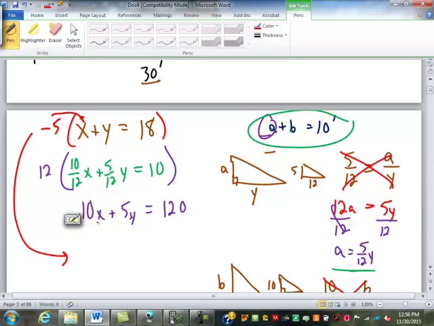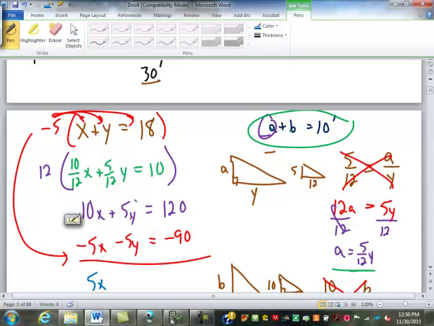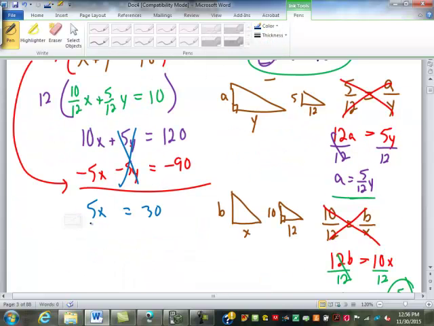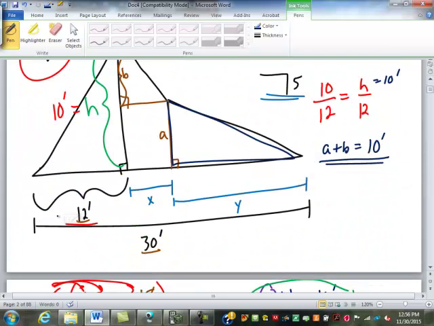So -5 times x is a -5x. -5 times y is a -5y equals -5 times 18 is a -90. 10x plus -5 is 5x. 5y and -5y cancel out. 120 and -90 makes 30, and we divide by 5. x equals 6. So this is 6 feet, and y then would be 12 feet.